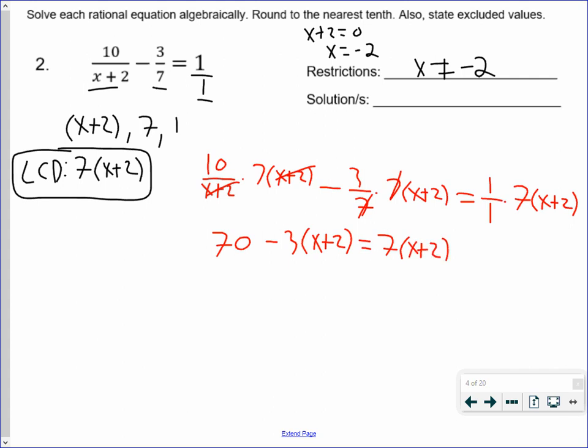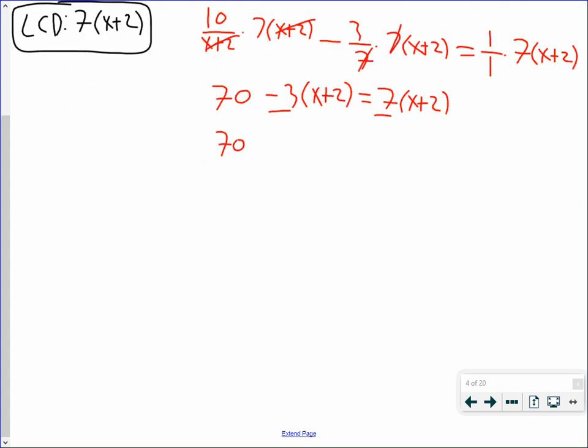All right, so what we're going to do now is distribute that negative 3 and that 7. And when we do, we get 70 minus 3x minus 6 equals 7x plus 14. So now we're going to combine like terms and solve for x.